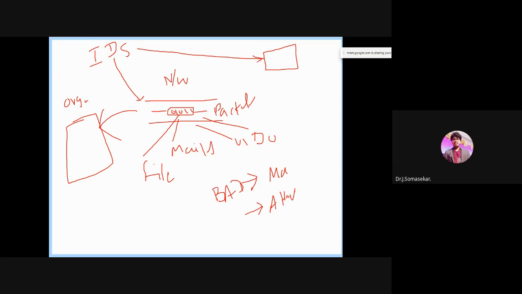Intrusion means unauthorized access. What is the meaning of intrusion? We can call it an unauthorized access, or technically speaking, a hacker. There is a huge amount of hacking nowadays in most organizations.